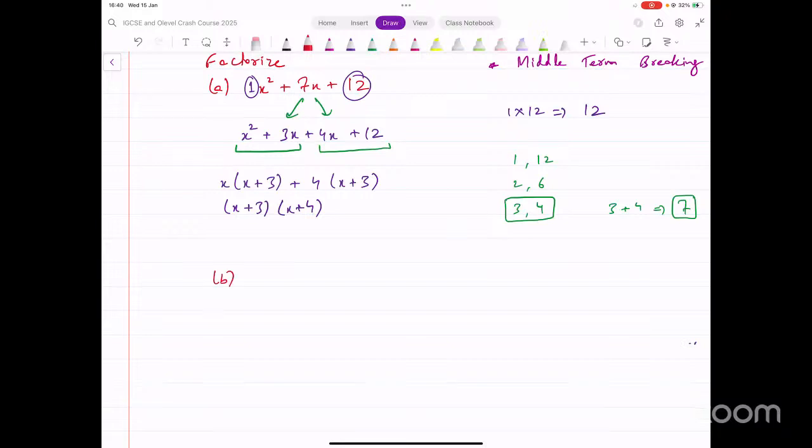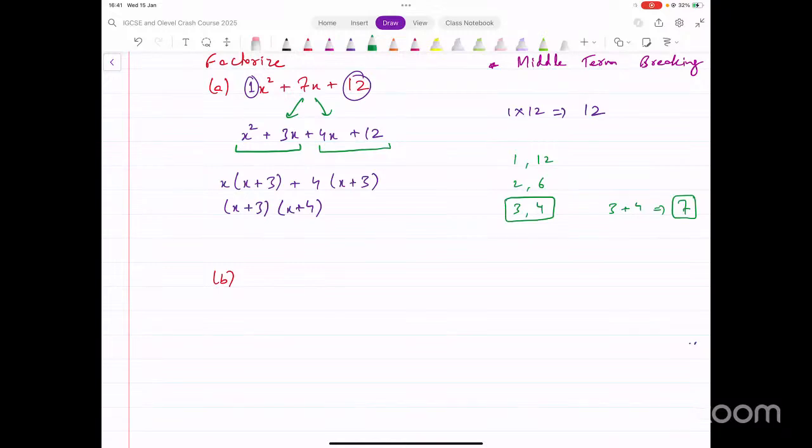Okay, let me think of something a bit more complicated. 2x squared minus 7x. Let me actually write something down here on this side so that you're not looking.